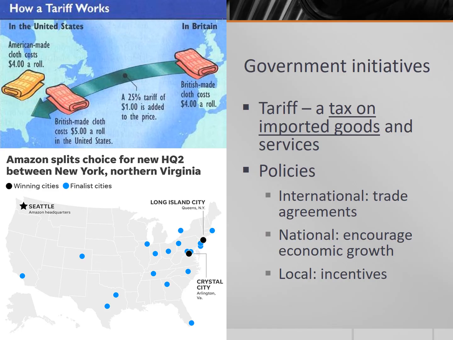At the local scale, municipalities may offer tax breaks as well, but may also offer low-interest loans, provide reliable transportation and communication networks, or workforce training programs to try and attract companies.